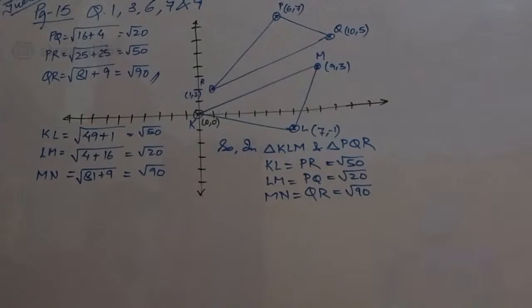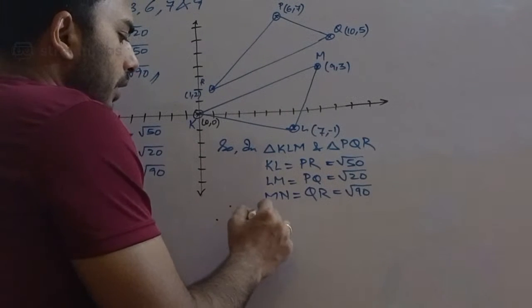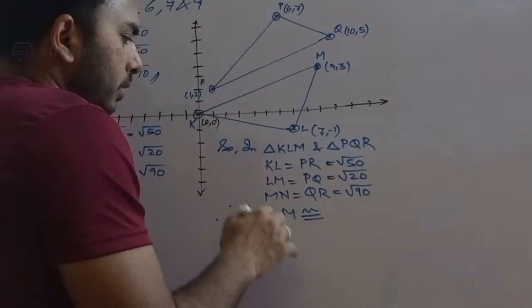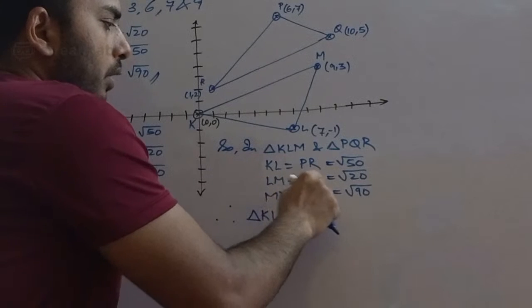Hope you understood. So from this, therefore we can say triangle KLM is congruent to, so KL is equal to PR and LM is equal to PQ.